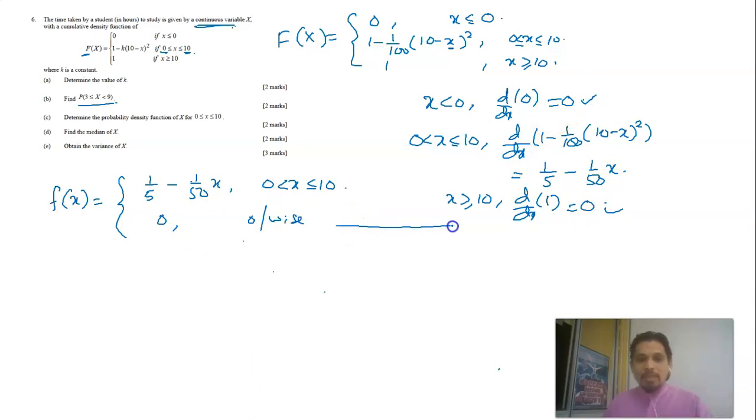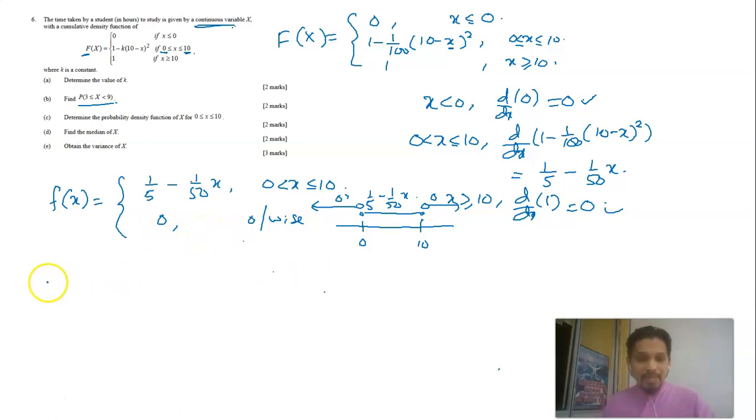So if we make a number line from 0 until 10, there is a function here, which is 1 over 5 minus 1 over 50 times x. But for the rest, from negative infinity to 0 or 10 to positive infinity, the function is 0 and 0. So that's why the rest of the domain is otherwise equal to 0 then.